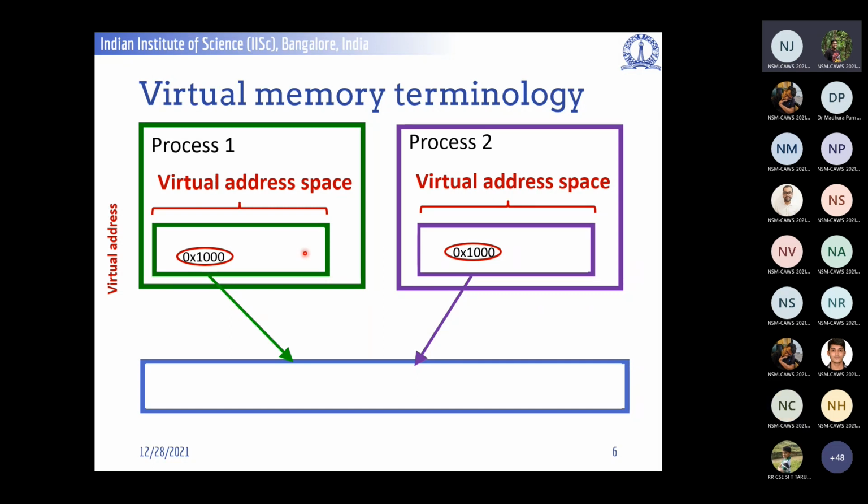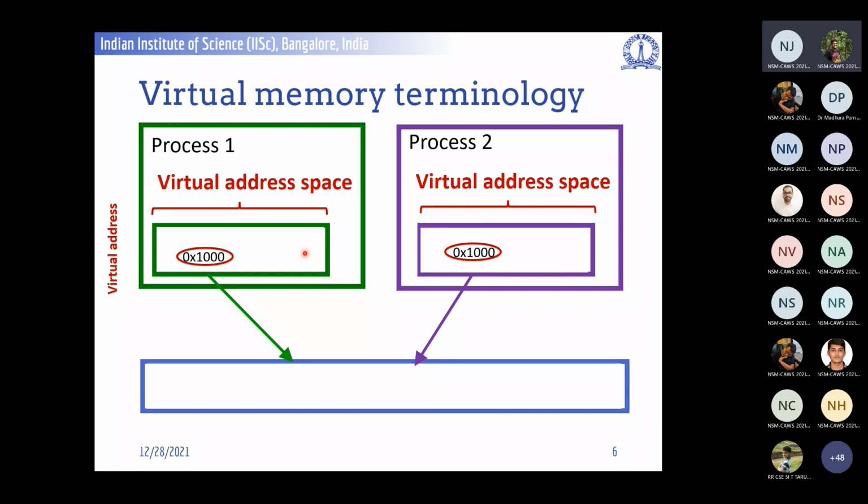For example, in a typical 64-bit system, you might have up to, say, 48 bits of virtual address available, and that will let you access between 0 and 256 terabytes of address space. We'll see some of these, but that's what the virtual address space is.